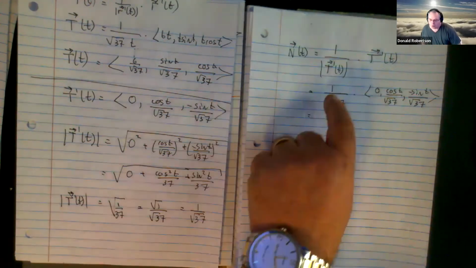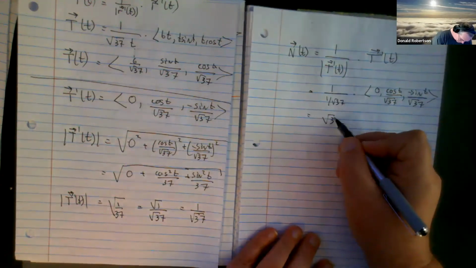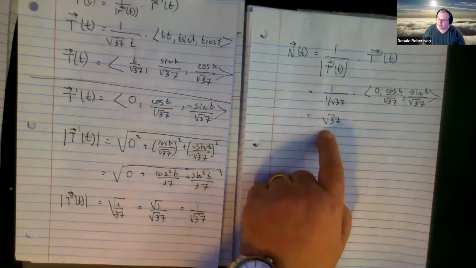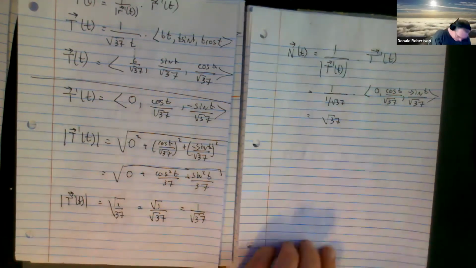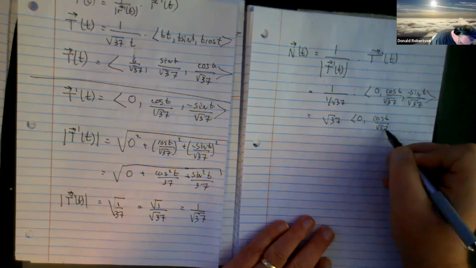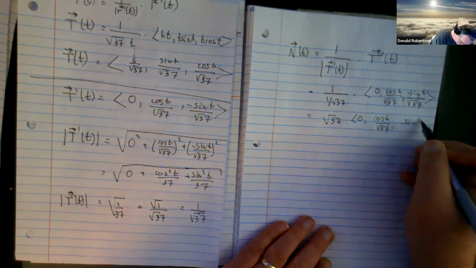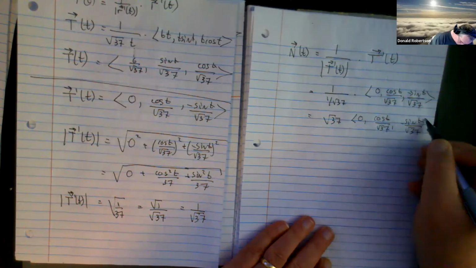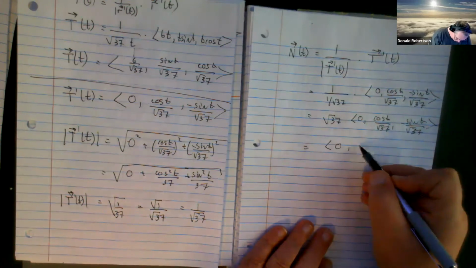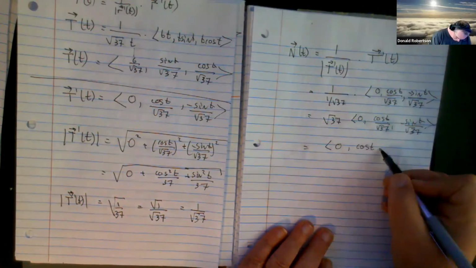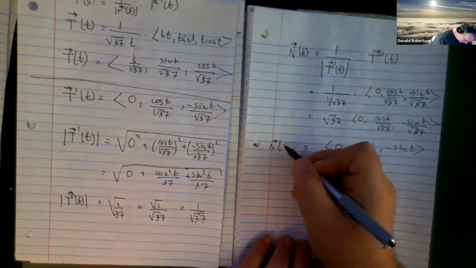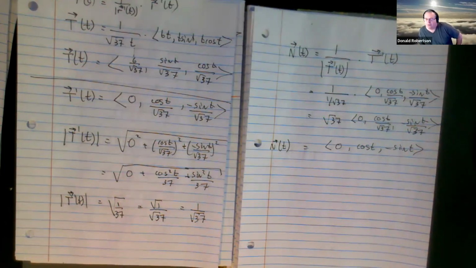Isn't 1 over something just the reciprocal? It's essentially the reciprocal of a reciprocal, right? Like 1 over a half gets you 2 times this guy. Multiply through, 0 times something is still 0. Those come out nice as a cosine, and those two come out nice as a sine. And that is the unit normal vector.